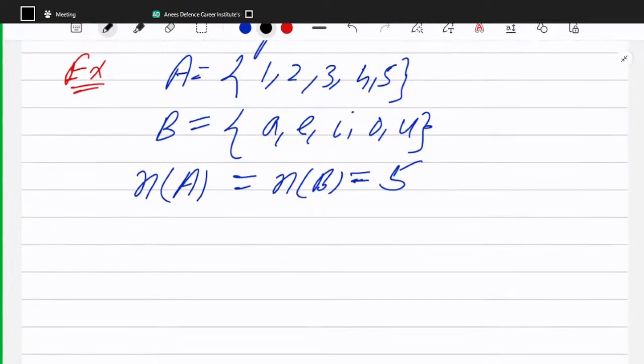Now what is an equal set? If I'm talking about an equal set, that means the sets having the same number of elements and the same elements also.